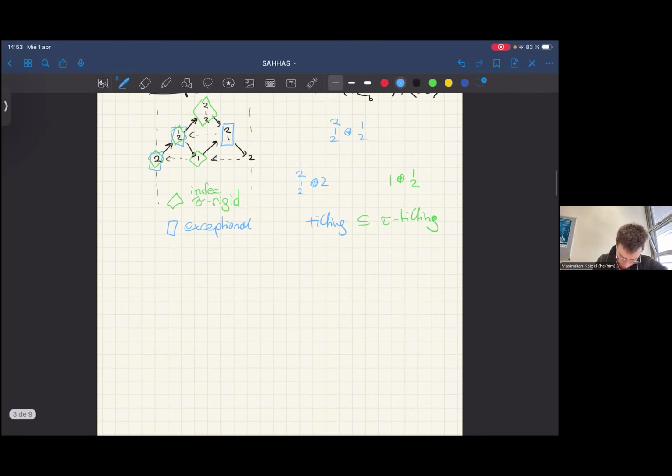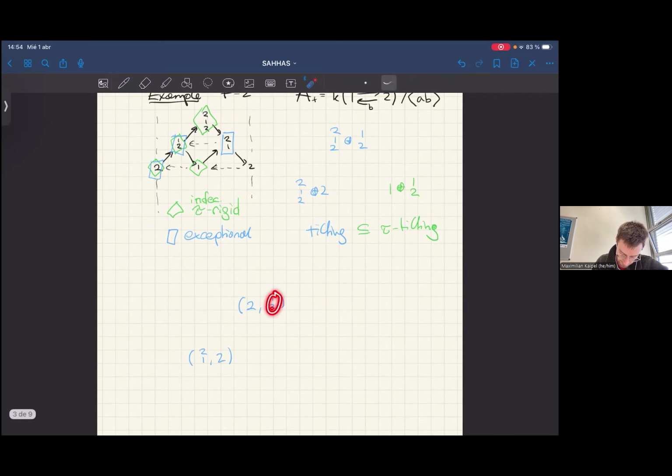These will be given by the following. So 2 and 1, 2, and 2, 1, 2 and 2. So we can see that definitely the things on the right don't have maps to the things on the left, but we can see that the things on the left generally do have maps going to the right, but that's not a problem. And also we have no extensions. So we have no extension with this one as a quotient and this one as a submodule, right?